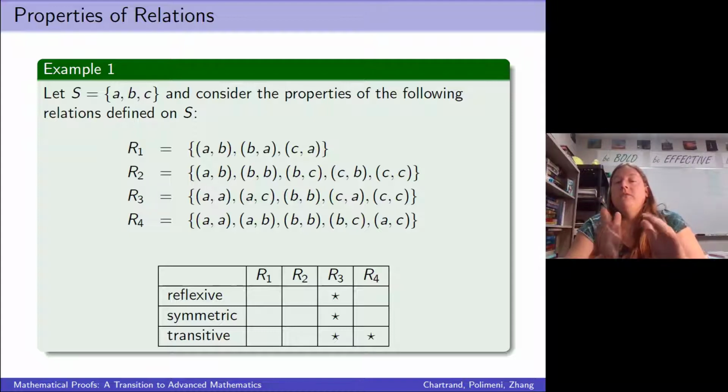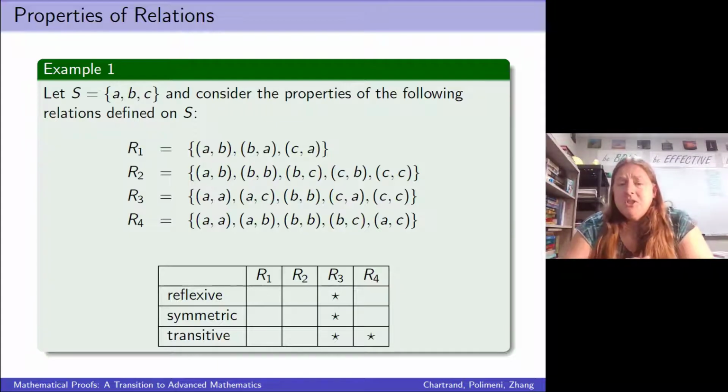Both of those elements satisfy the symmetric relationship. However, there's another element there, so I need to check for CA. If CA is present, then AC must be present, and AC is not. So it's not symmetric. And you basically do that until you've accounted for all of the elements in the relation to check and see if their symmetric partner is there.